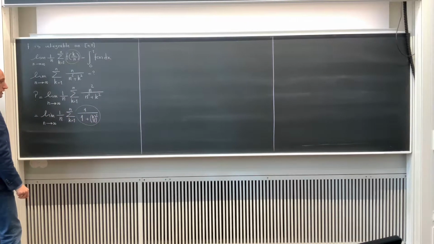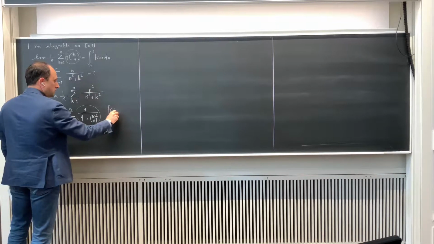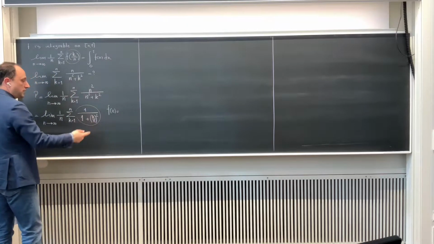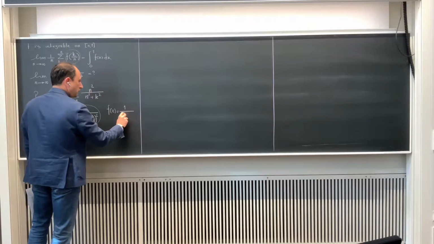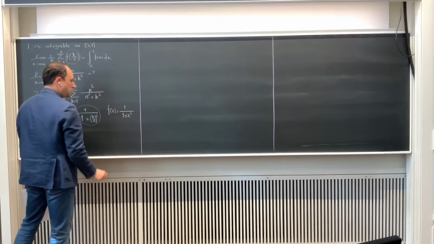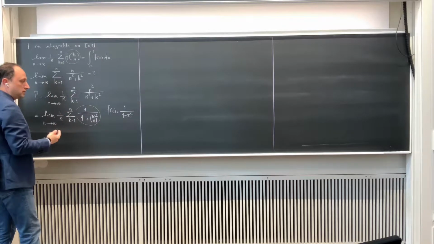Is it possible? Yes. In principle, what you need to guess for the function f of x is what you get by replacing k over n with x. So this becomes 1 over 1 plus x squared. This helped me actually to guess my function, but let us double check.